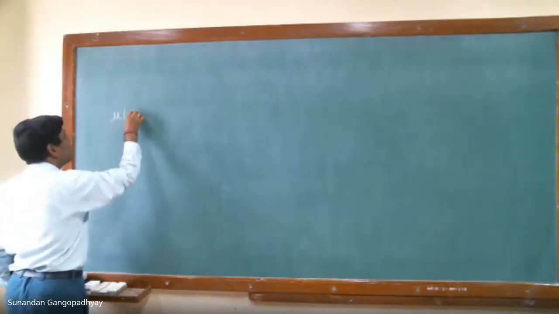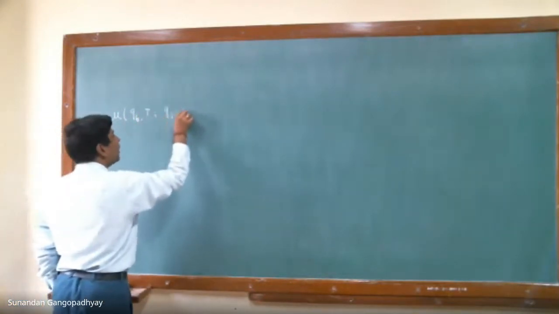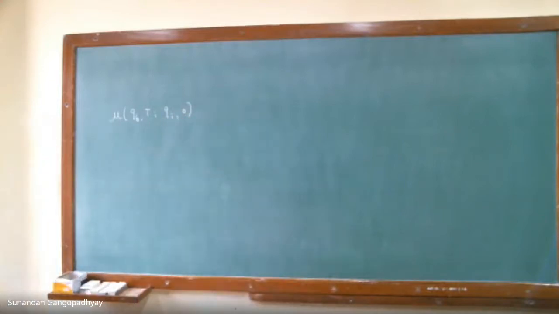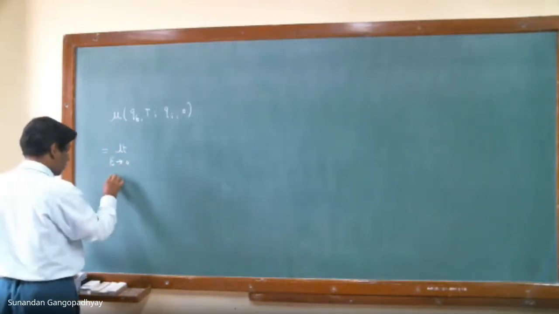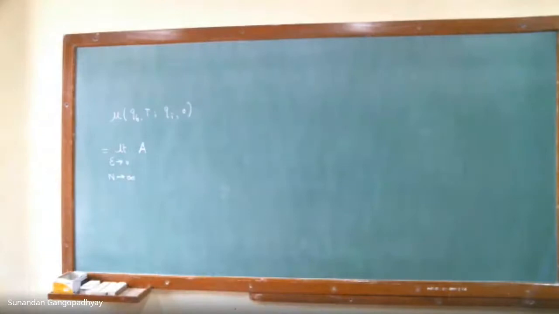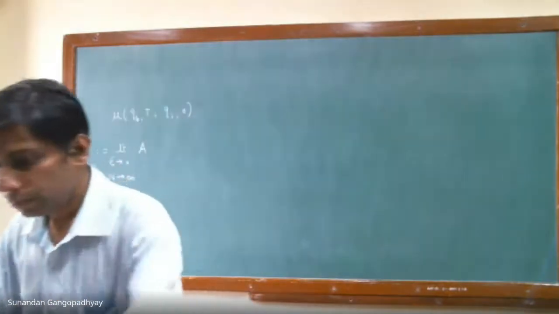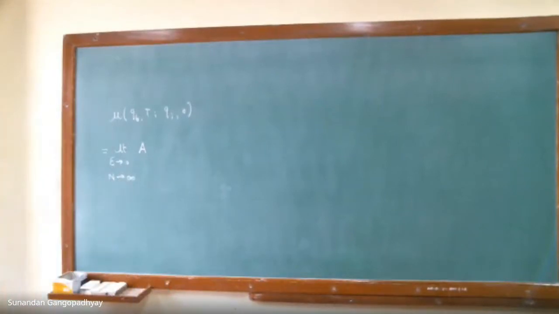So we were calculating this thing, the propagator. And we found that this is equal to the limit epsilon tending to 0, N tending to infinity, of some normalization constant which I call A now to avoid confusion with this capital N, which basically denotes the number of time slices, the number of time intervals.